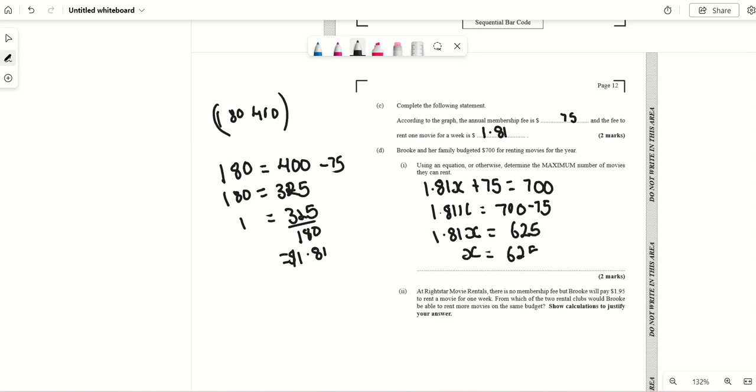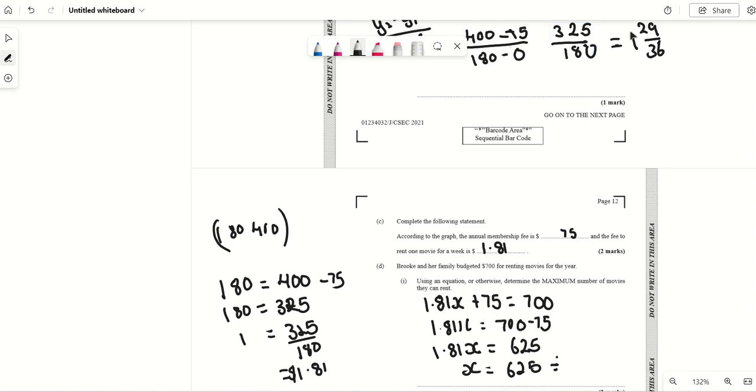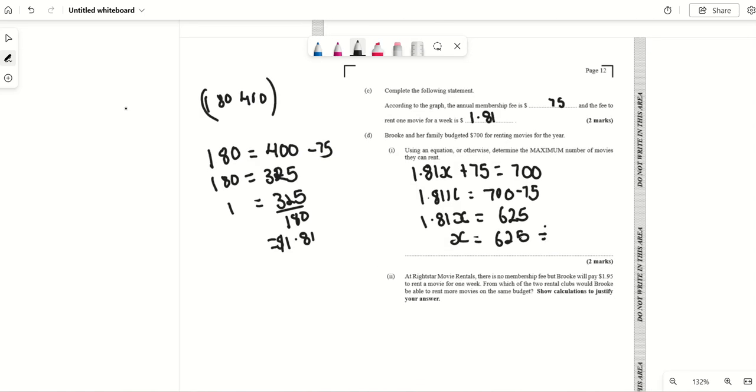So x would be 625 divided by, you can either put 1.81 or you can put the fraction we had here, which is 129 over 56. Let's put 129 over 56 just to get a correct answer, but you could put 1.81.